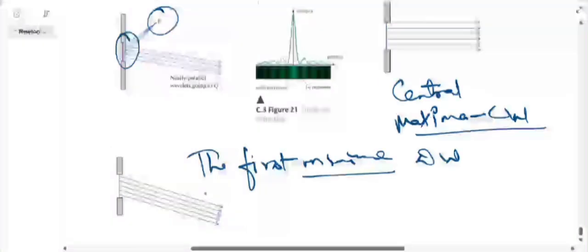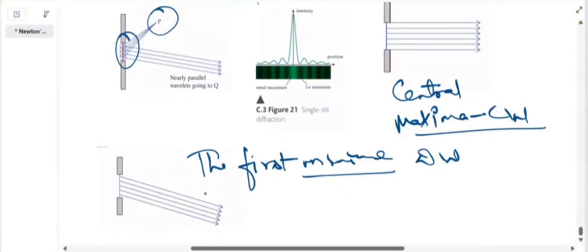Now if we consider the wavelets traveling towards the first minima, they are traveling at an angle. The wavelets at the top have to travel more distance in comparison to the wavelets at the bottom, correct? When these wavelets add together, they give a destructive interference.